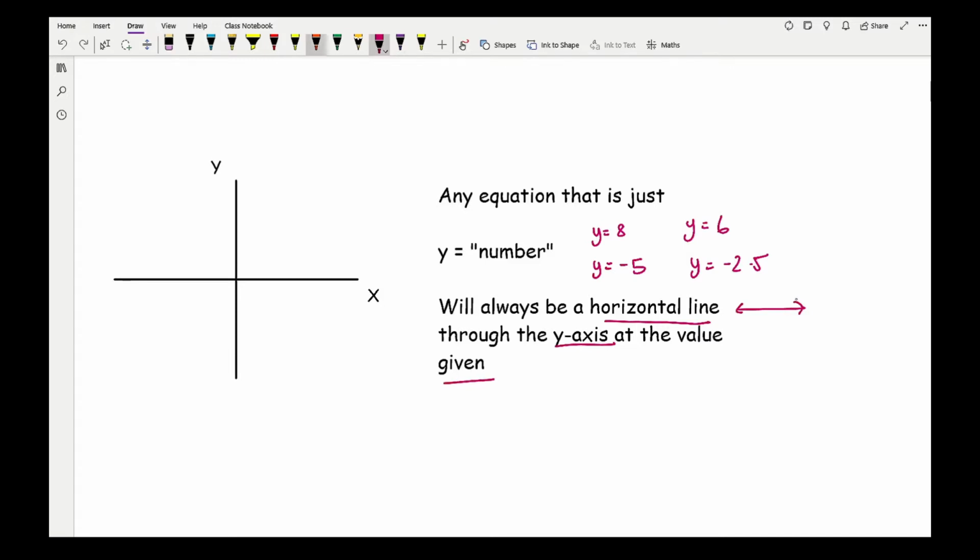So y equals 8 would be a horizontal line that goes through 8, and again I strongly recommend that you use a ruler when drawing these lines. And y equals minus 5, well if minus 5 is here, then it's just going to be a horizontal line, and that's going to be y equals minus 5. And then y equals 6, again it's just going to be a horizontal line through 6, and that would be y equals 6.